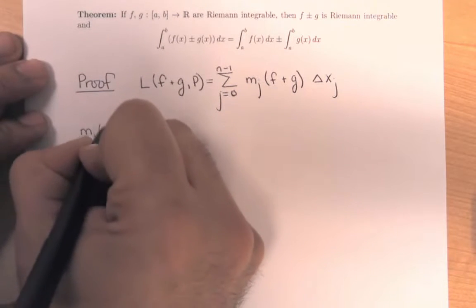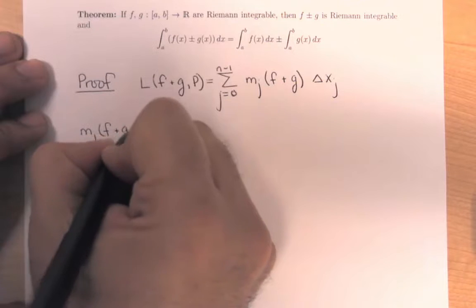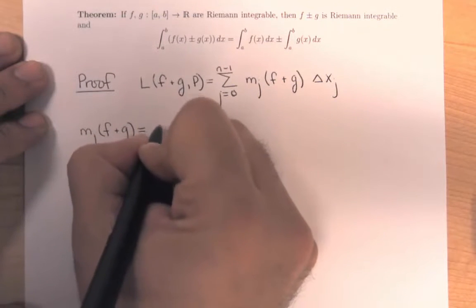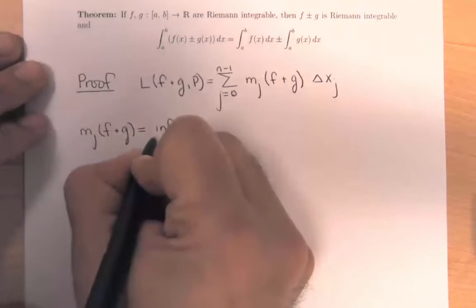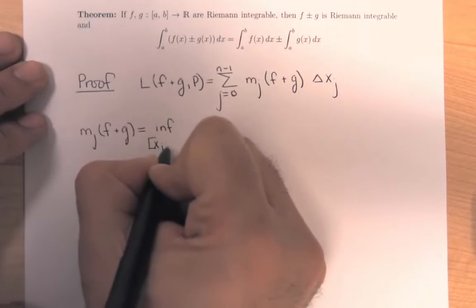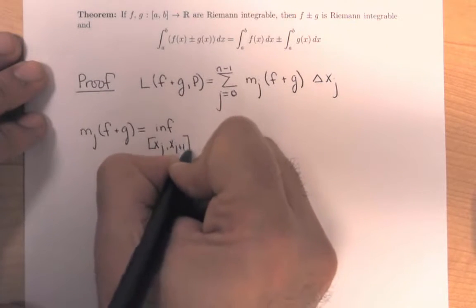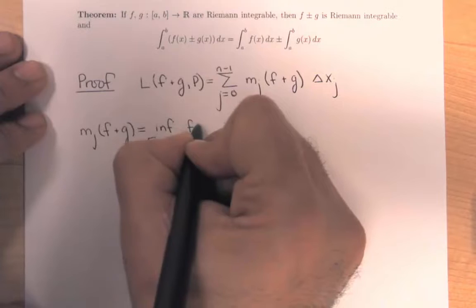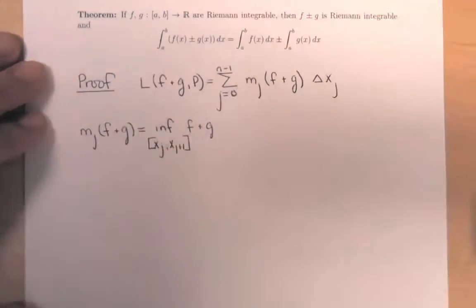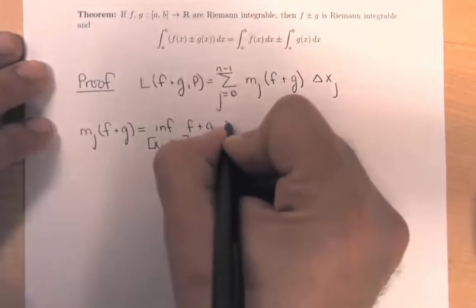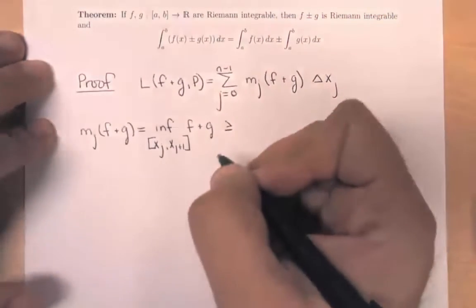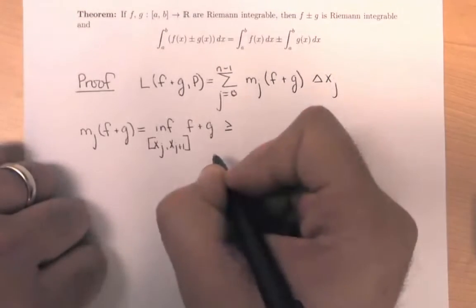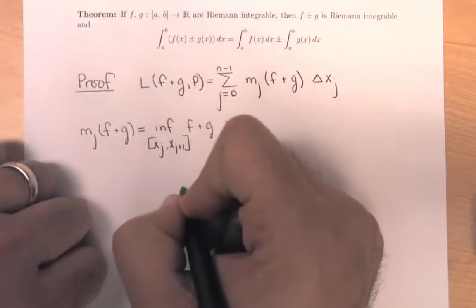Now, remember that when I say m_j of f plus g, as I just mentioned, that is the infimum over the subinterval of f plus g, and that's greater than or equal to the infimum of f plus the infimum of g.